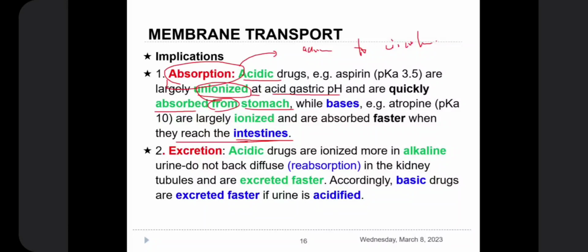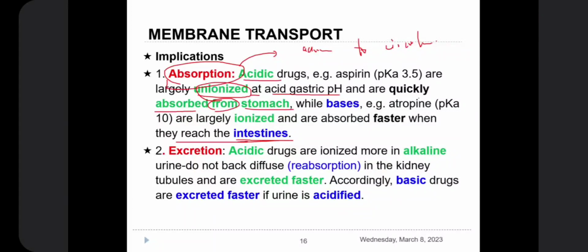But the base drugs have better absorption in the intestine than in the stomach, because base drugs in the base environment become mostly unionized.